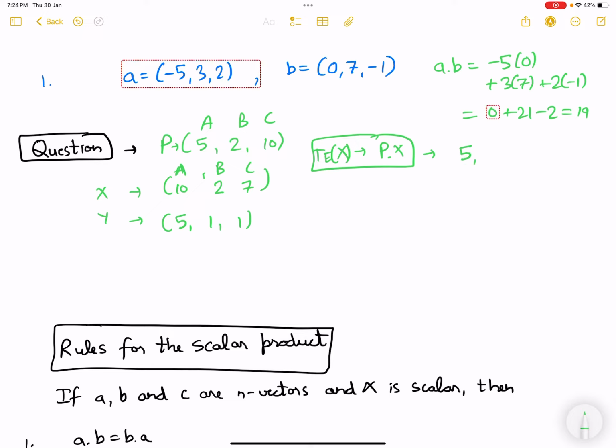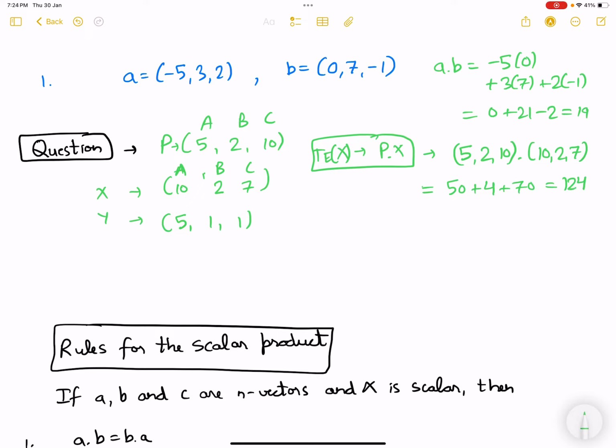So this would be 5, 2, 10 dot 10, 2, 7, where the first is the price and the second is the corresponding quantity. The total expenditure by X would be 5 into 10, 50, plus 2 into 2, 4, plus 10 into 7, which is 70. The total expenditure is 124.